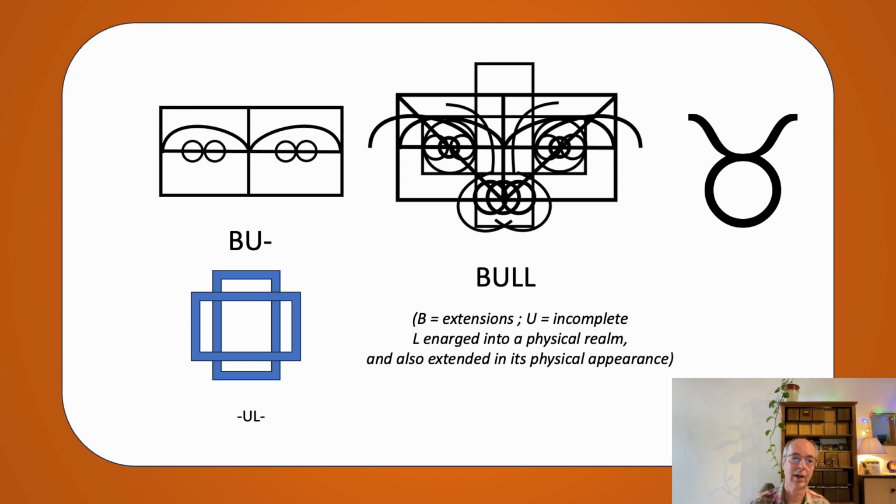You almost want to make it physical also what you don't have. You want to achieve what you don't have. You want to express what you don't have. This is very strong in the bull, also in the astrological or psychological aspect of it.